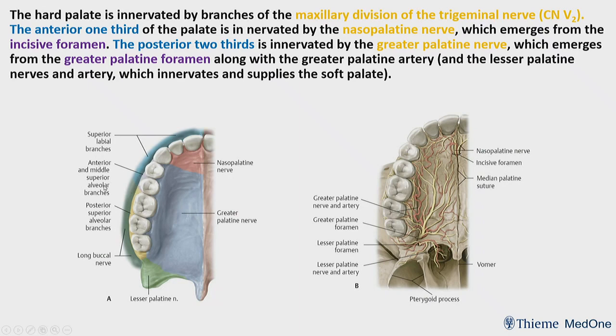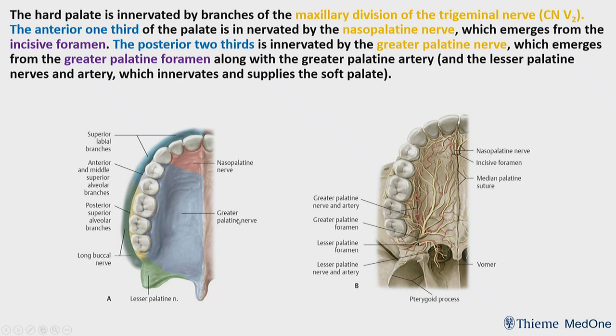The anterior and middle superior alveolar branches, which are branches of the infraorbital nerve, also supply the anterior and central incisors, canine, and premolars, and the posterior superior alveolar branch, which passes through the maxillary tuberosity, innervates the molar region in the vestibular side, together with the long buccal nerve, which supplies the cheek region.